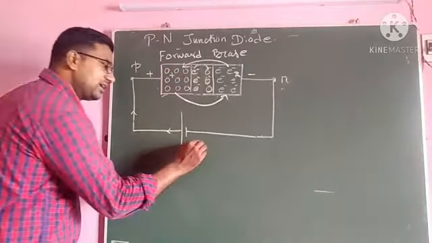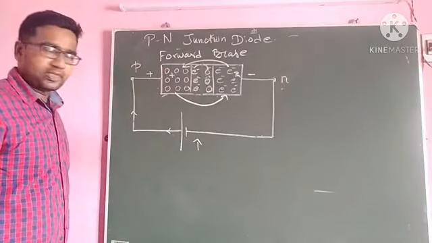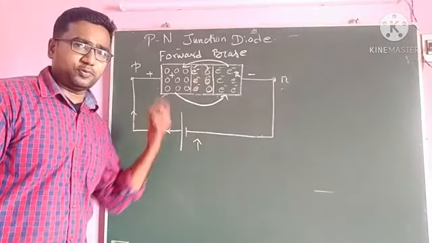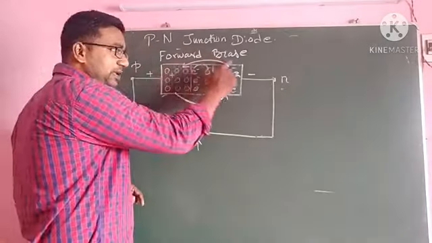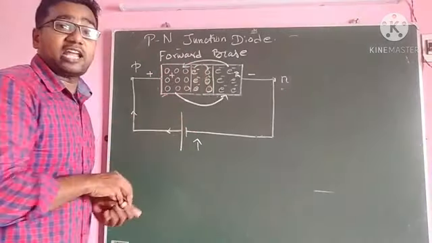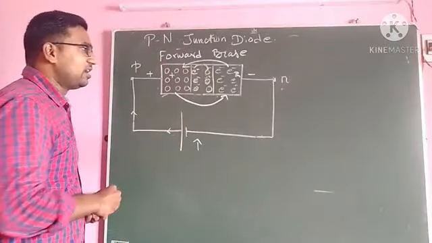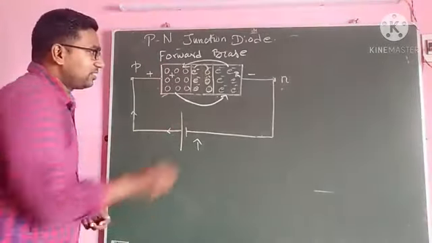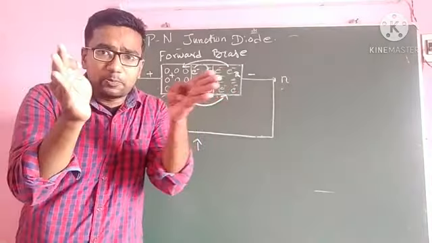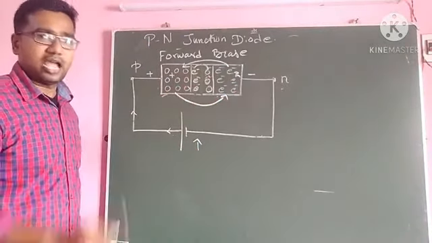If you increase the forward bias, that means the positive and negative potentials, the replacing time of holes and electrons will be less. So holes and electrons are replaced immediately. In that phenomenon, the depletion region width decreases. Am I right?